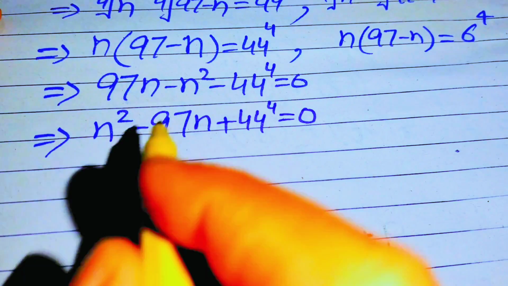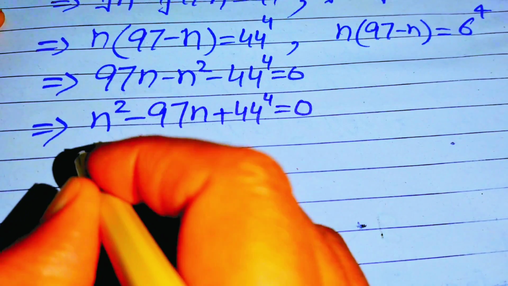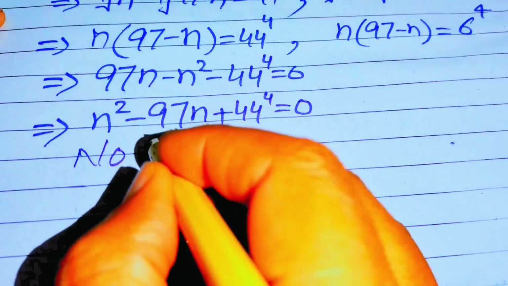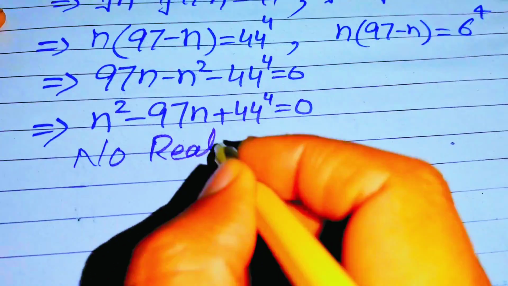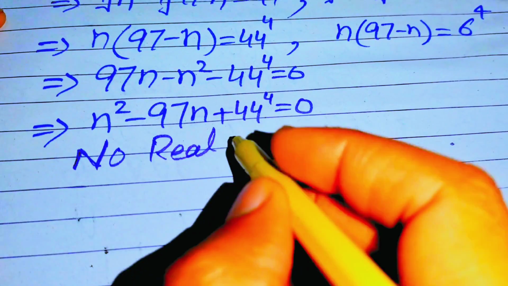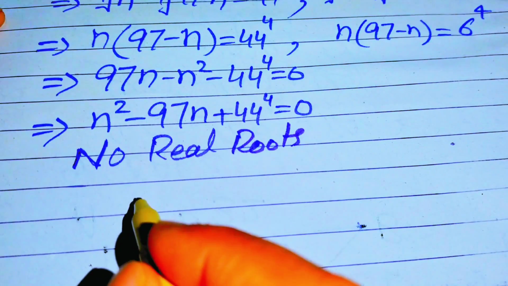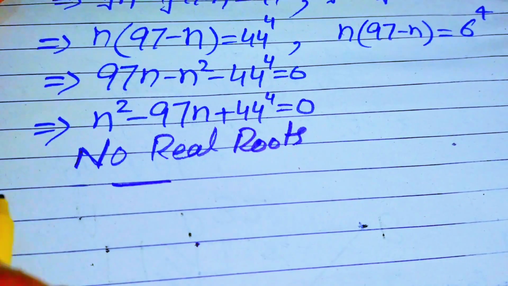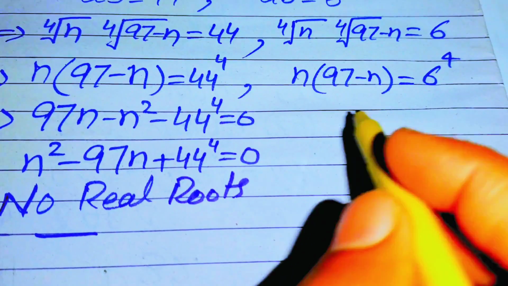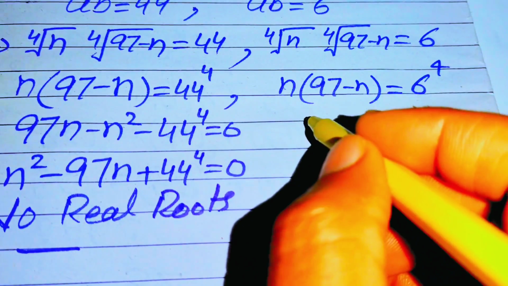Here you see that this equation cannot give us a real root, but in this problem we need only real solutions. So it cannot give a real root, so we reject this case and proceed with the other case only.